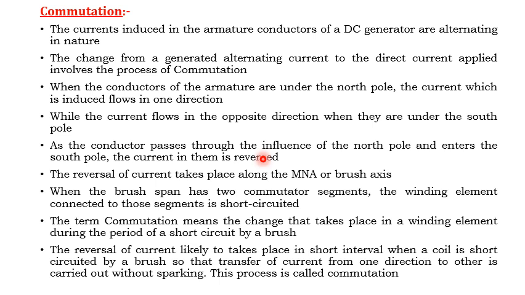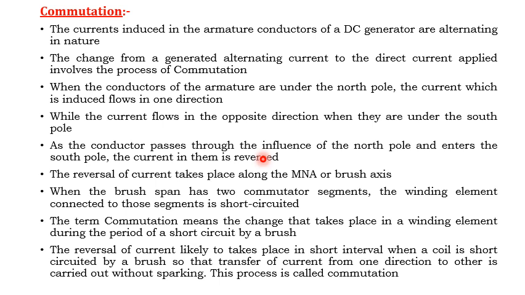Now the reversal of current takes place along the magnetic neutral axis or brush axis. When the brush spans two commutator segments, the winding elements connected to these commutator segments are short circuited.